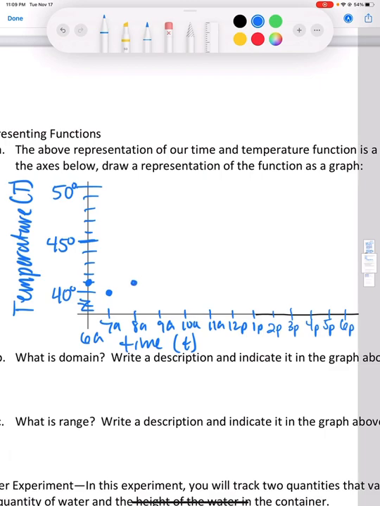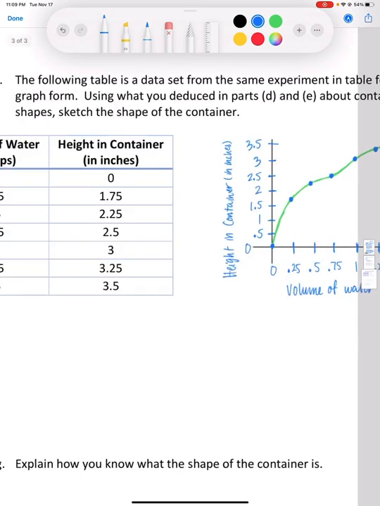9 a.m. is 43 degrees, going up to here. 10 a.m. is 45 degrees. It's about up here. 11 a.m. is 47 degrees.